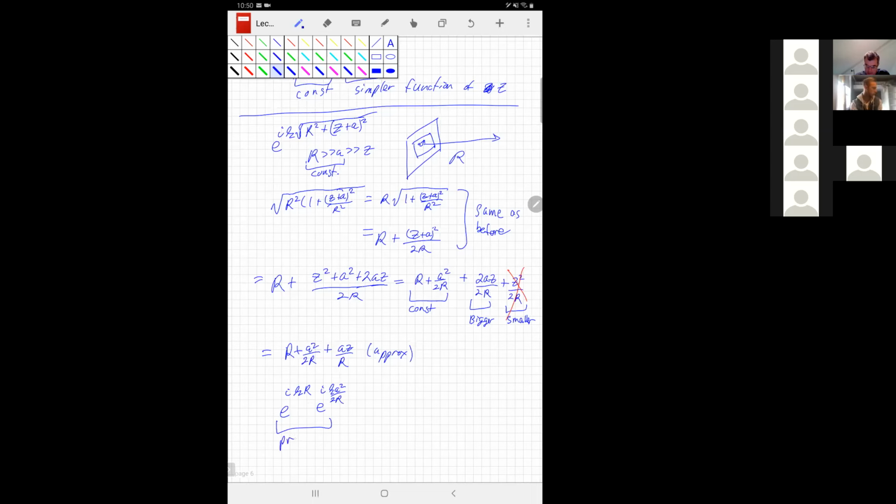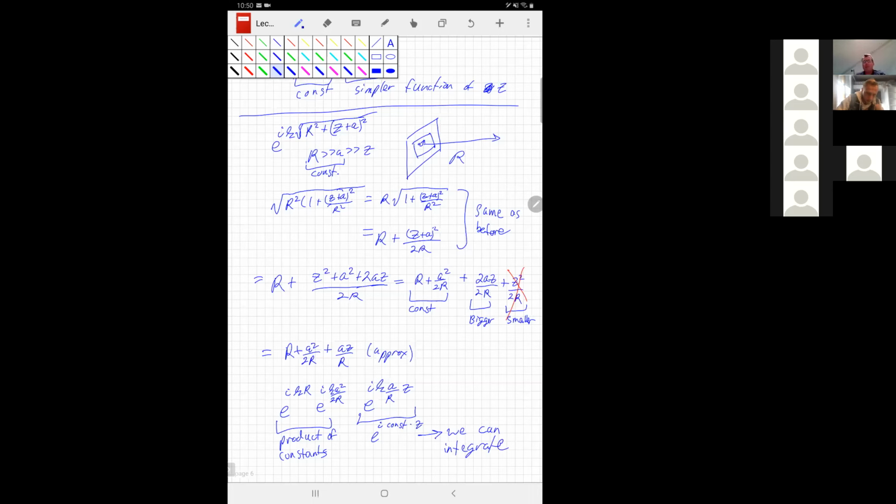This is just a product of constants. E to the i k a over r z. And this is just really e to the i constant times z. And this we can integrate. We're not going to do that integral today. You've been doing that before.